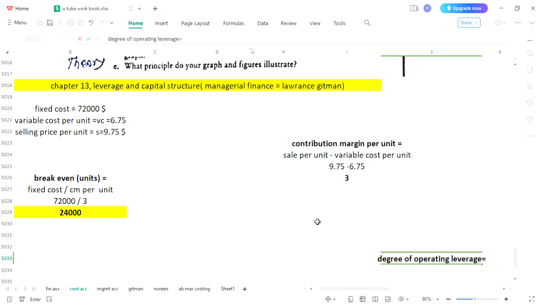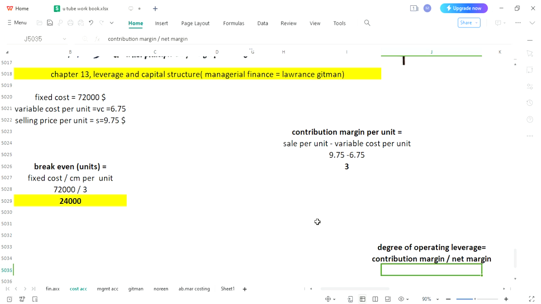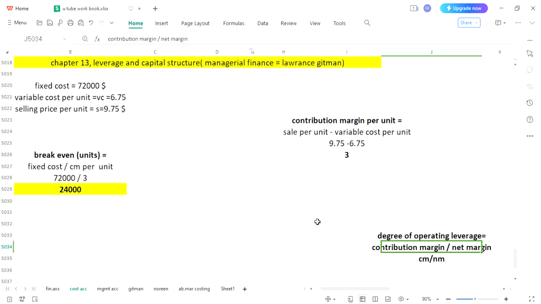What we are going to do is divide contribution margin by net margin. In this way we can calculate. So CM would be divided by NM, the formula for degree of operating leverage.